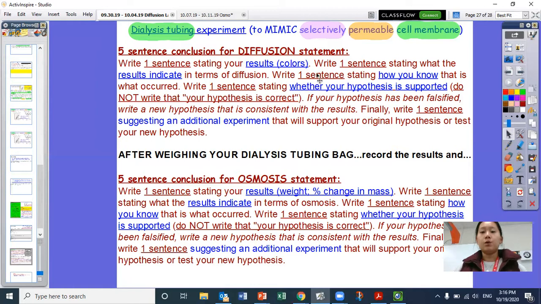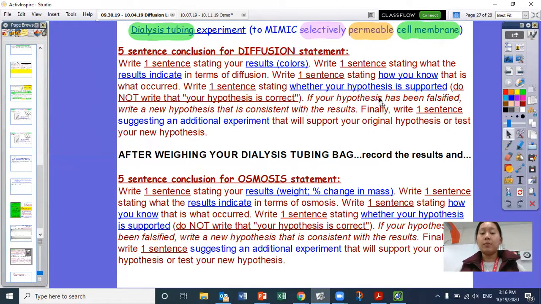Okay. You want to write one sentence knowing how you know that occurred, right? Because you should know where the solute started. You should know where the salt started. You should know where the iodine started. You should know where the starch started, right? And then you're going to write one sentence on whether or not your hypothesis that you initially made was correct. Remember that first hypothesis that we made for both? You're going to be telling me if that is supported or not supported, okay?